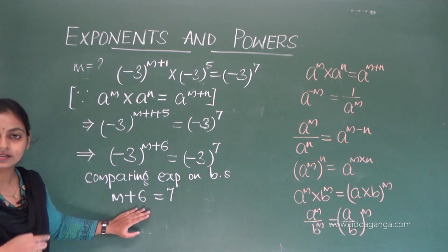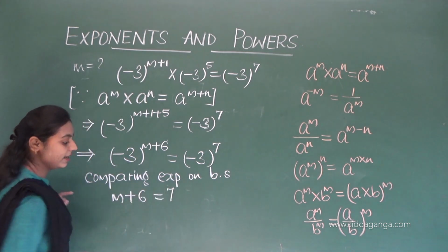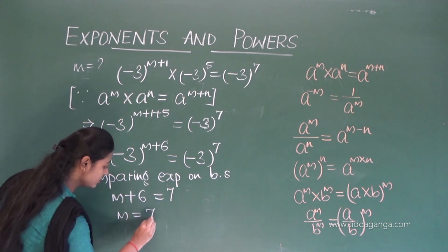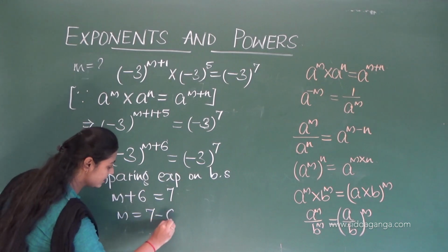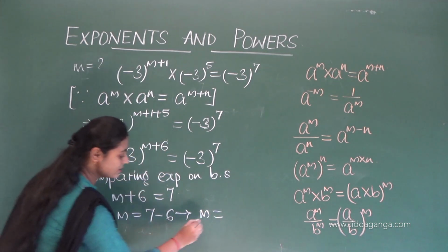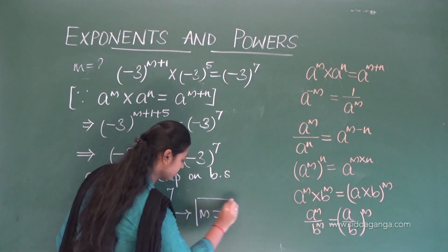So plus 6 when shifted to the right hand side becomes -6, that is m is equal to 7 minus 6, that is 1.